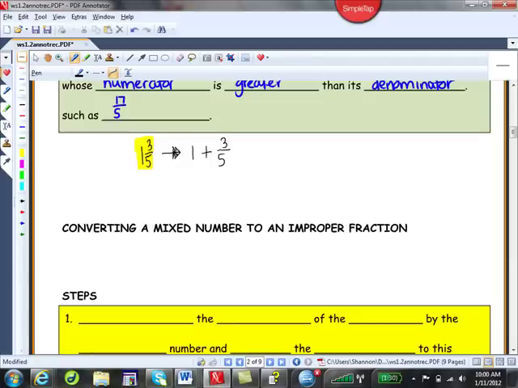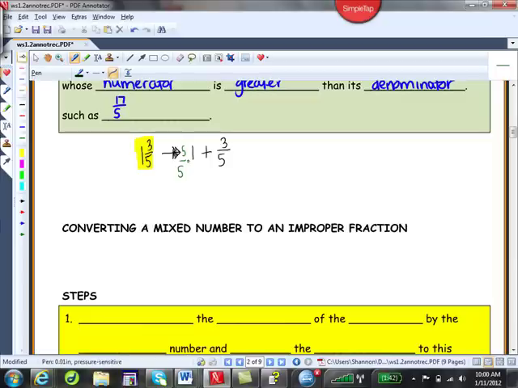But in order to add a fraction to a natural number, what we need to do is multiply by 1. Okay, you can multiply any number by 1 and you still get that number back. And the one that we will pick is 5/5, because 5/5 will give us the same denominator.